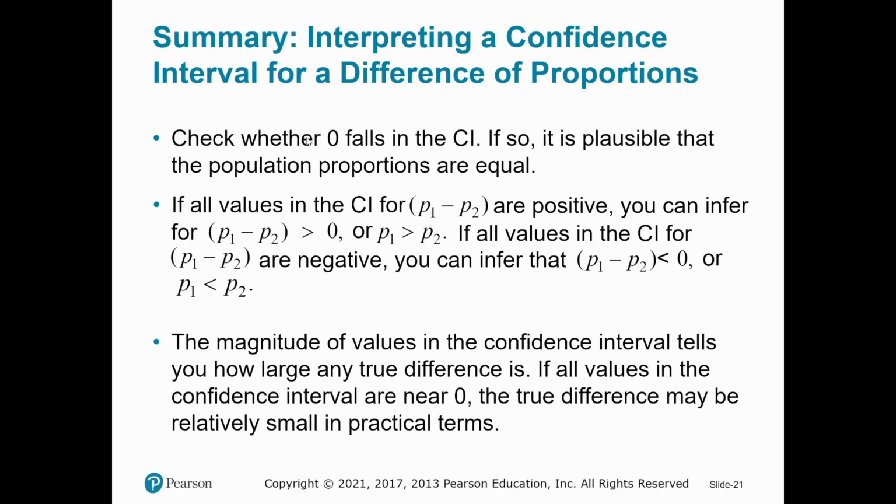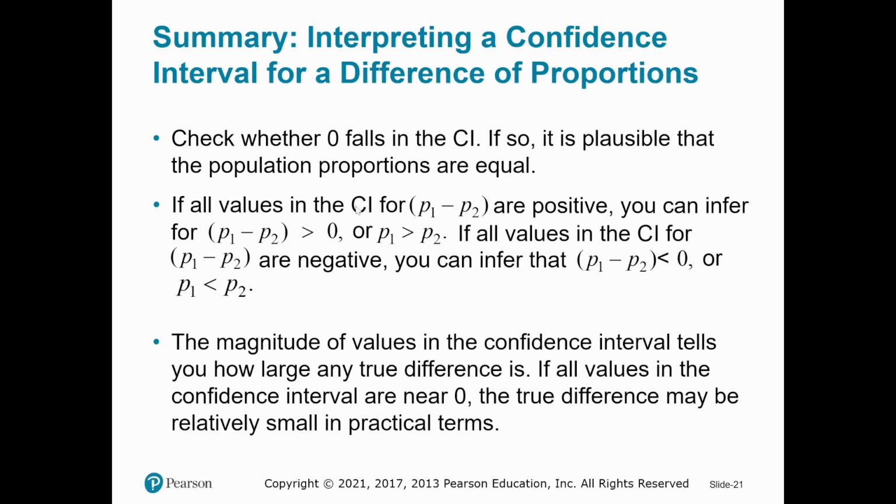Now, the reason why this PowerPoint slide uses the 0 over here is because under the null hypothesis, we are hypothesizing no difference in the population proportions. No difference is a 0 difference. So that's why this PowerPoint bullet point has the 0 over here.